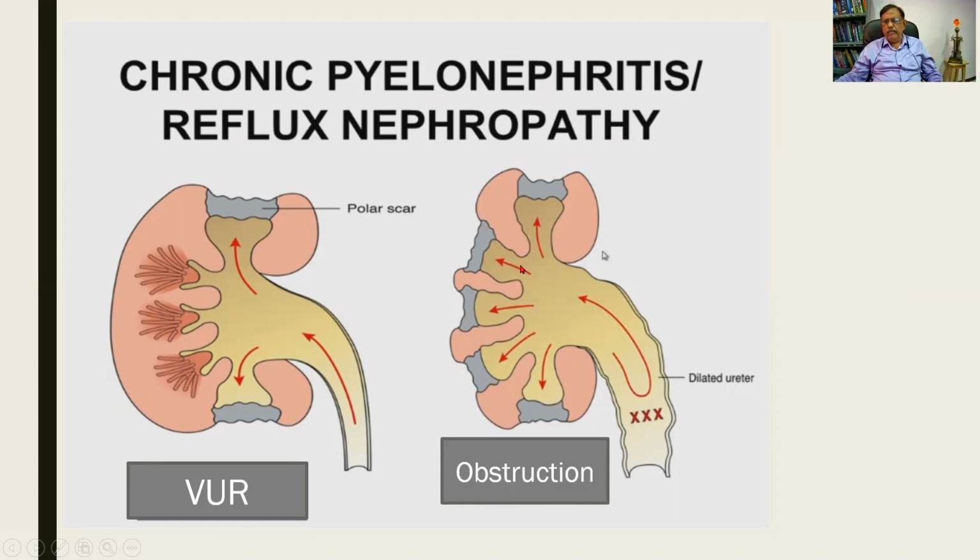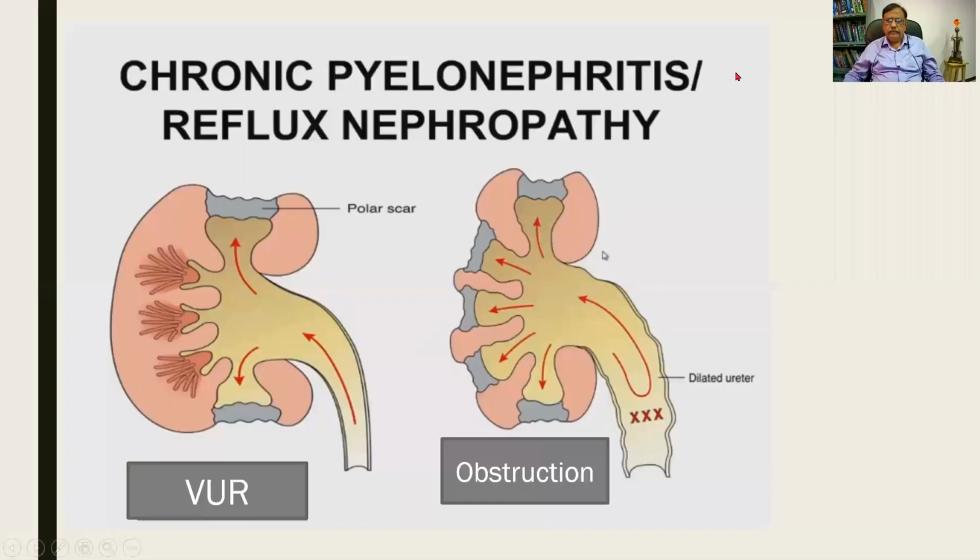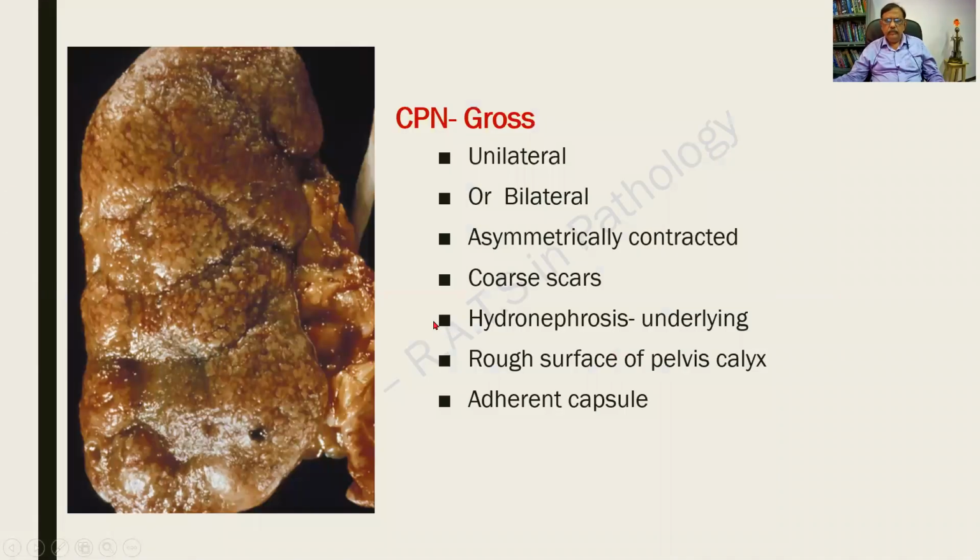So there are two different pathogenesis. This is a very important picture that we should remember.